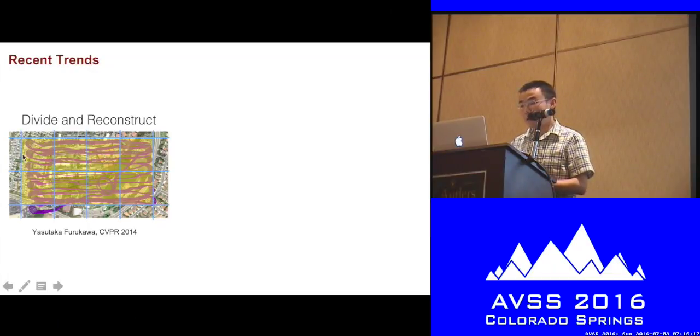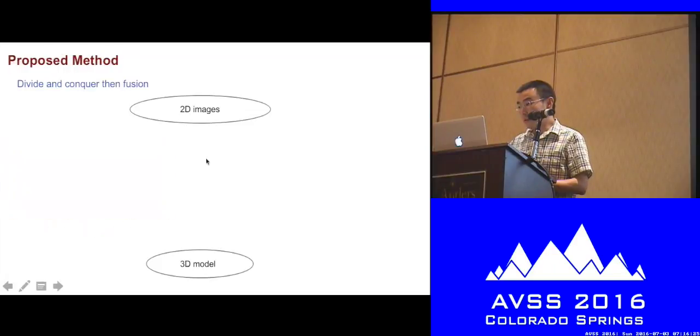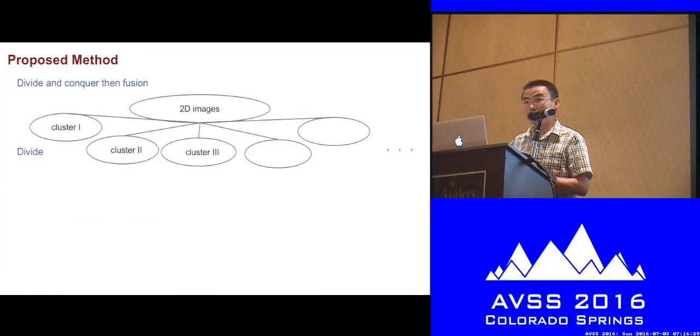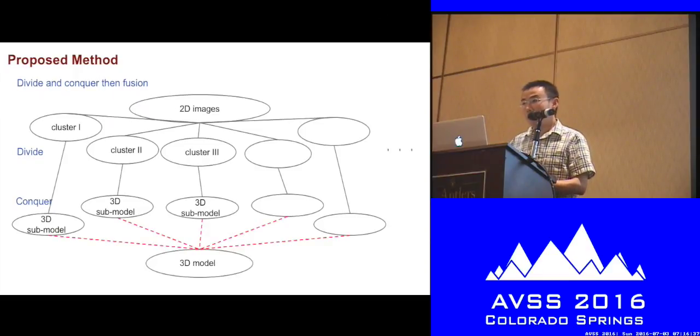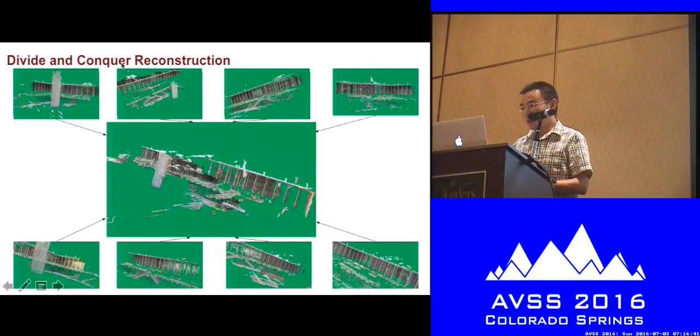So divide the images into groups, reconstruct them as small models, and then merge them together. Basically, we have a bunch of images and divide them into clusters, reconstruct an individual model for each cluster, and then merge.